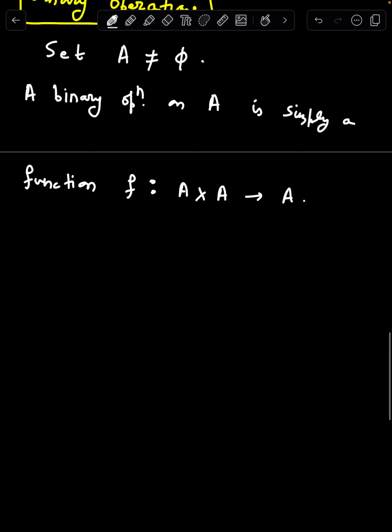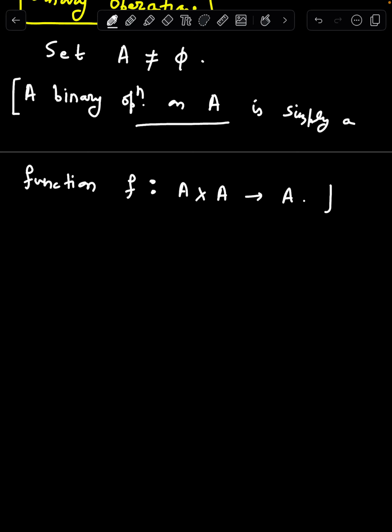If you take a function from A cross A to A, then you call that function a binary operation on A. That's it. This is how simple a binary operation is.